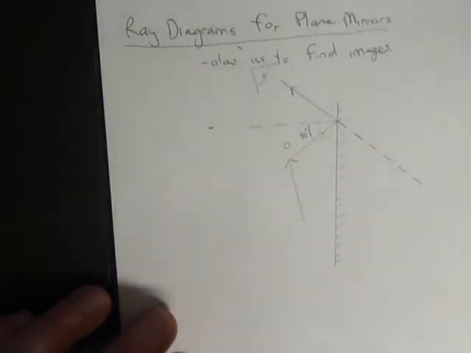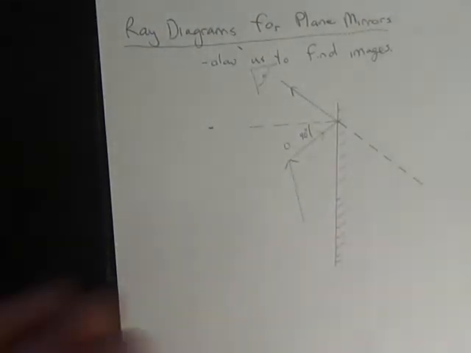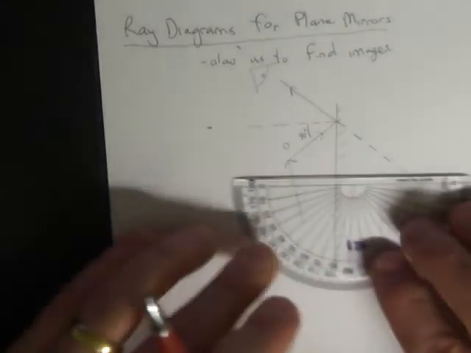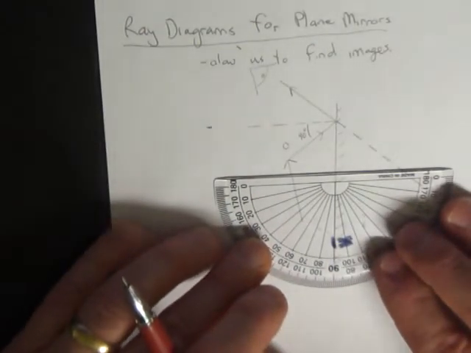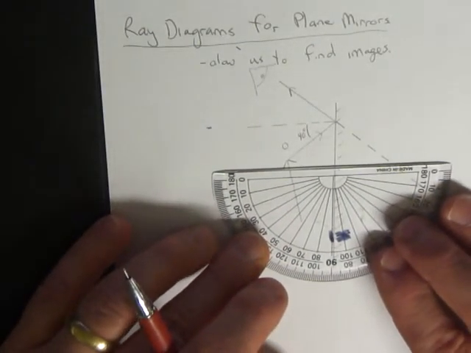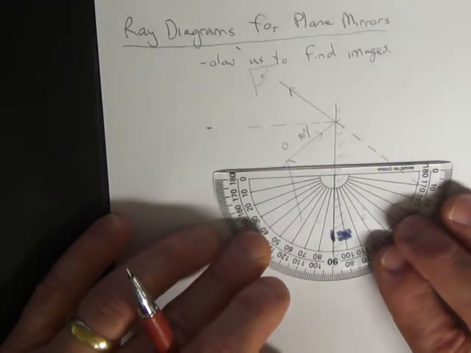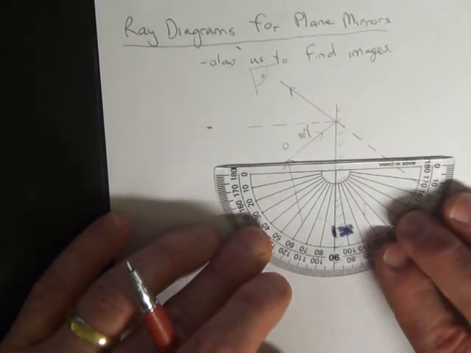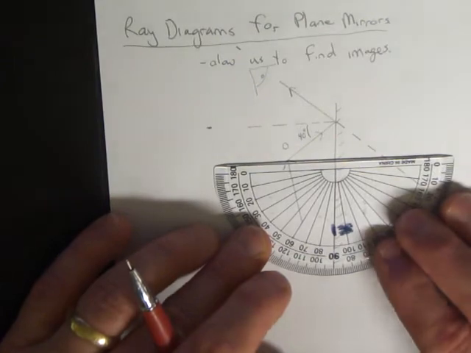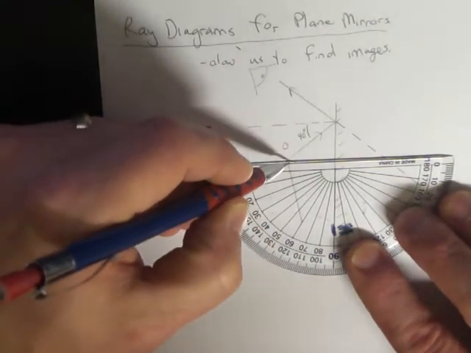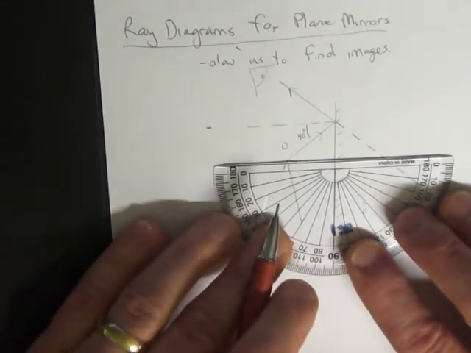What was the angle of that ray that came back on itself? Ready? 0. If I take the protractor and I put it right on 90 on the mirror, and I bring that straight edge up just to the tip of the arrow, right here, see how I've got the straight edge on the tip of the arrow?